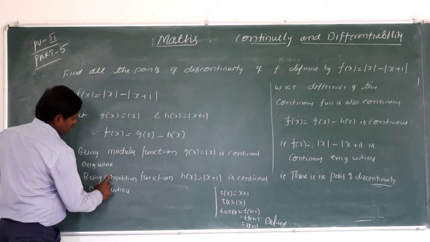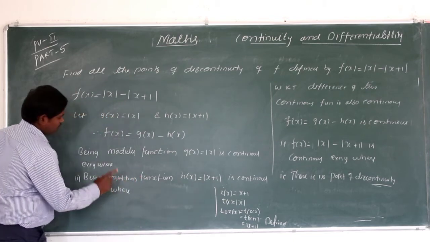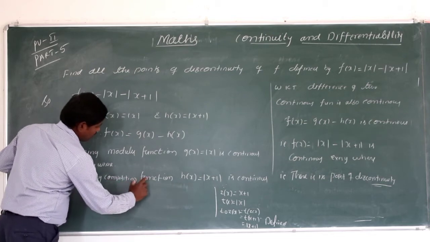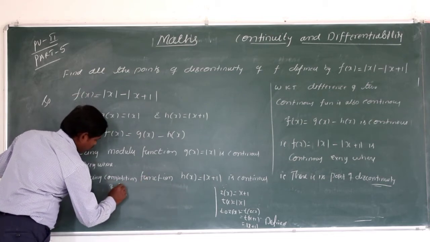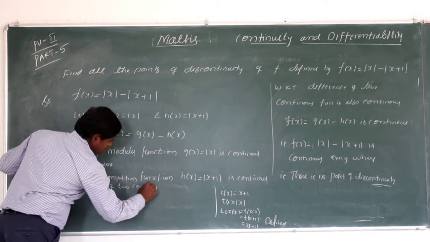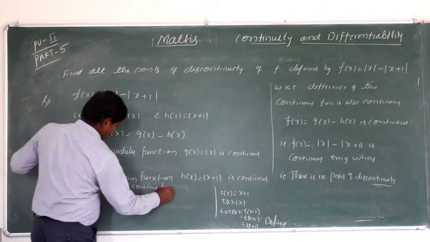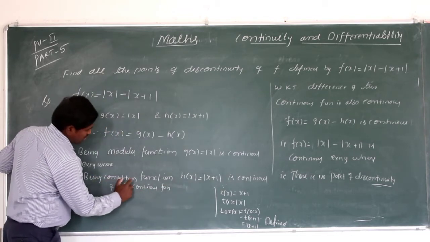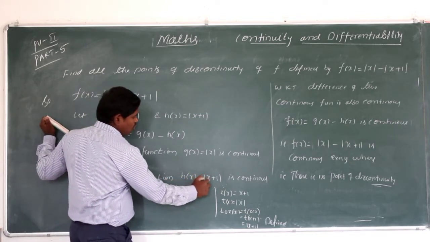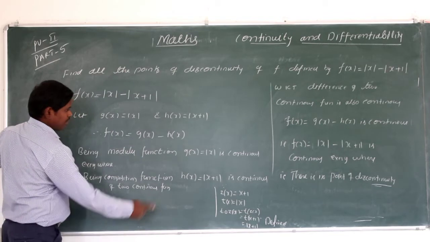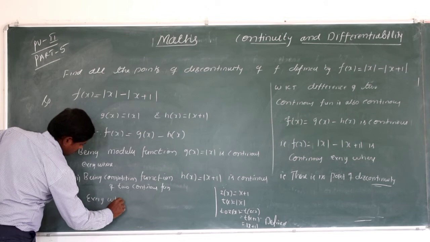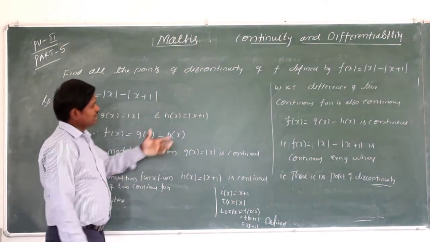So being a composition function of two continuous functions, h of x is equal to mod x plus 1 is continuous everywhere. Therefore the given function is continuous.